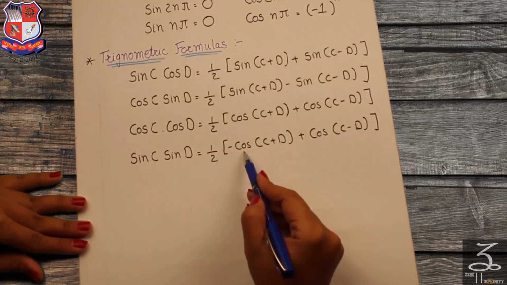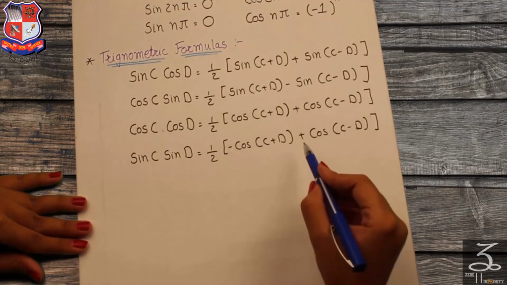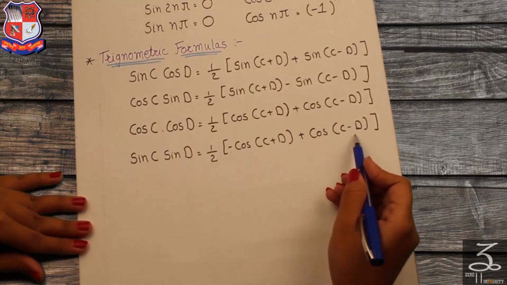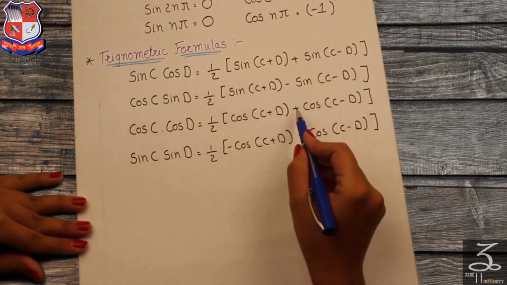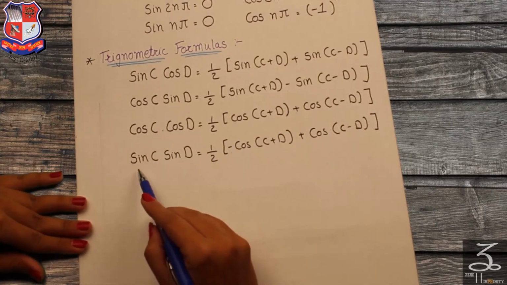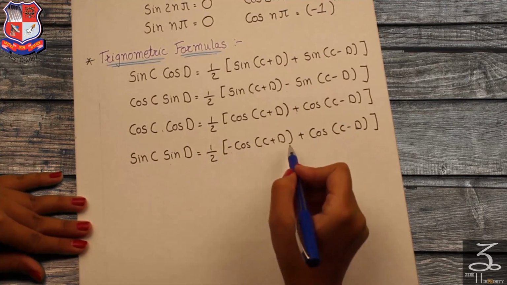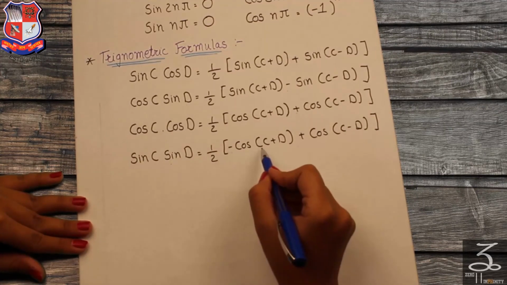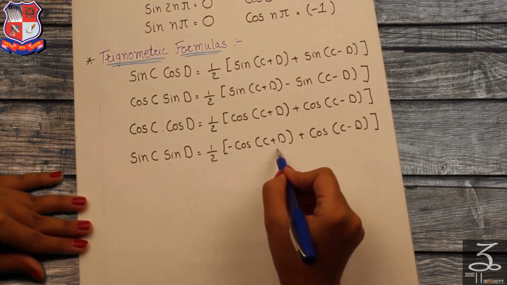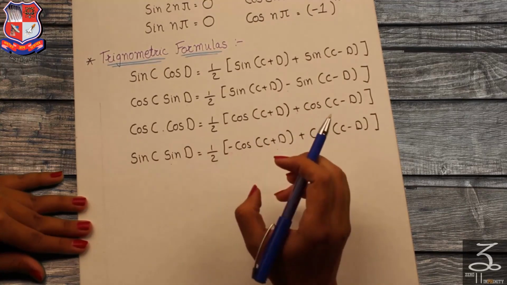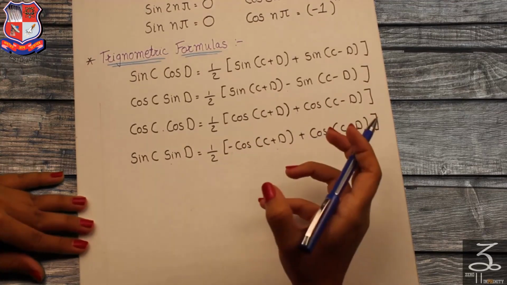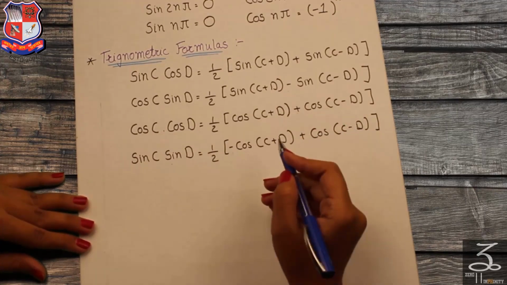Then the formula is 1 by 2 into minus cos c plus d plus cos c minus d. The difference is, if there are two cos functions, then there is a plus sign, and if there are two sine functions, then there is a minus sign, that is, minus cos c plus d. Okay, these are some of the important formulas that you are going to use in Fourier series.